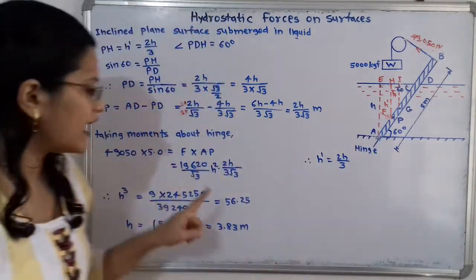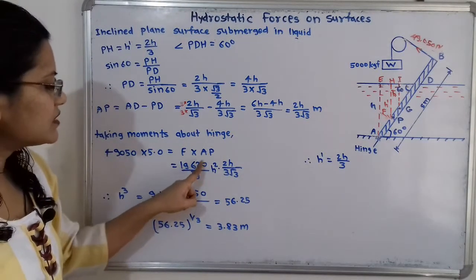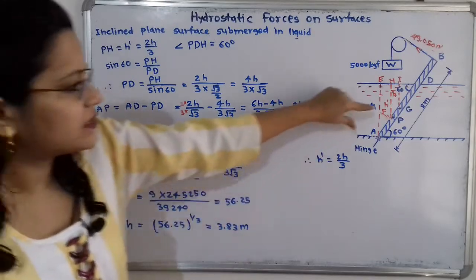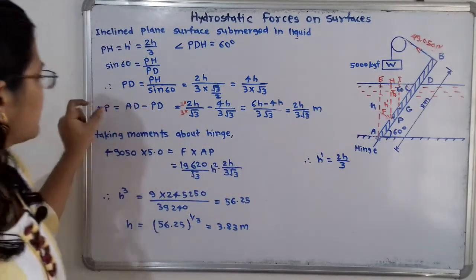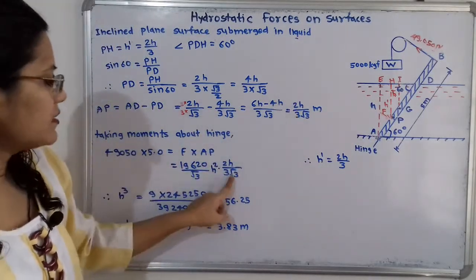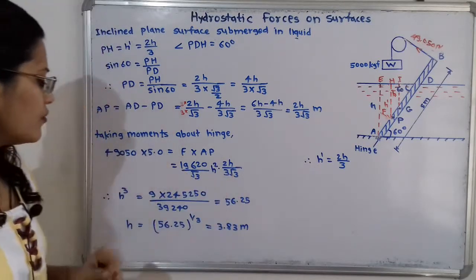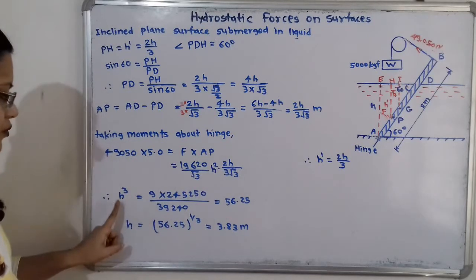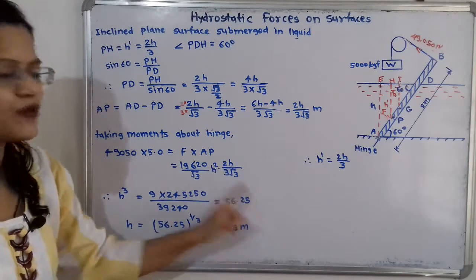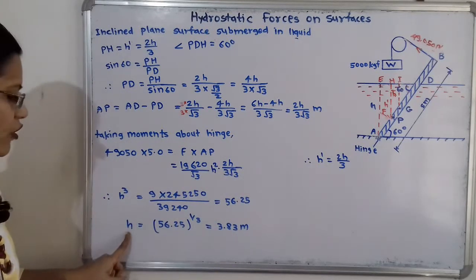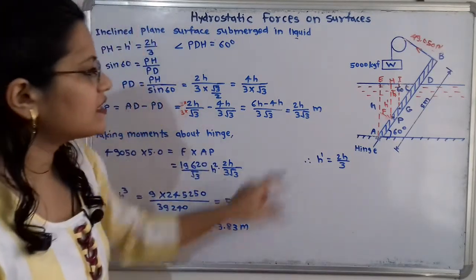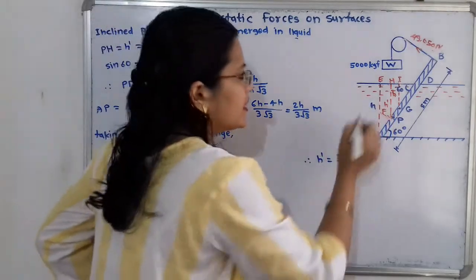That we have already calculated, 19,620 by root 3 into H square multiplied by this distance AP. So what is this distance AP? That is 2H by 3 root 3. So if we simplify this, we will get the value of H cube. So H cube is equal to 56.25. So what is the value of H? That is 3.83 meter.